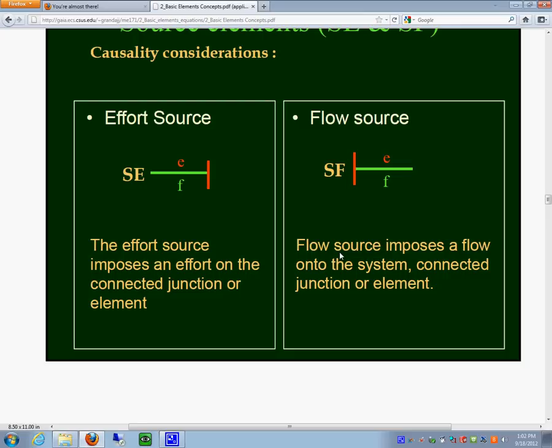The effort source imposes an effort on the connected junction or element. The one on the right hand side is the flow source, and this flow source imposes a flow onto the connected system junction or element.